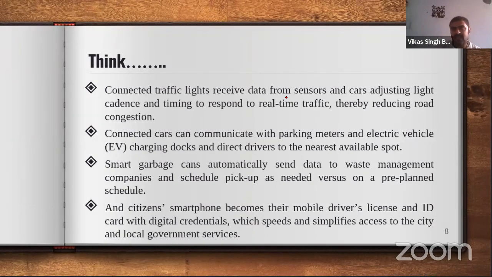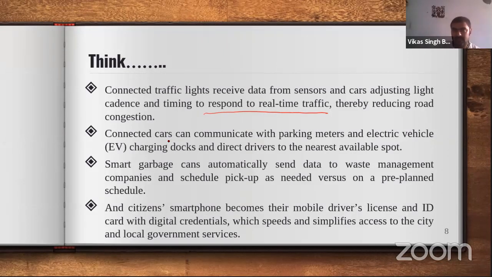Whenever any traffic light senses that on a particular route the number of cars is more, then those lights will sense in real time, and the red light time will be less and the green light time will be more. So this will reduce the road congestion. This may be one example of the smart city where data can communicate from the car to the particular red light. Another example may be that the connected car can communicate with parking meters.